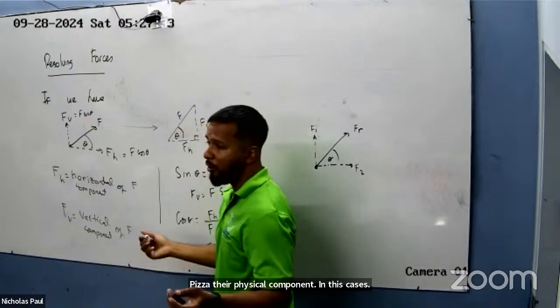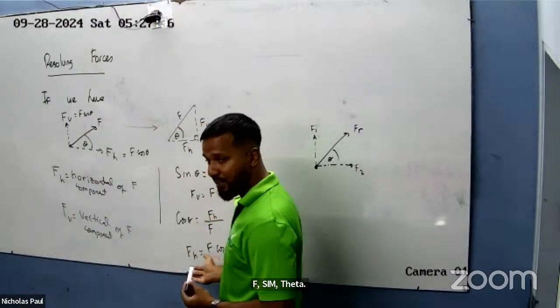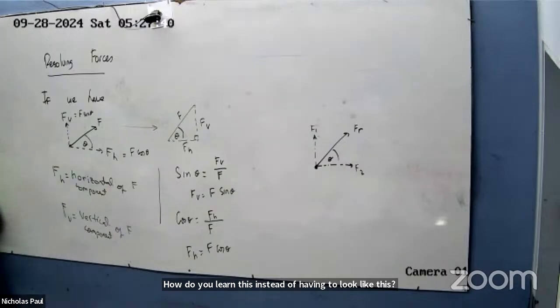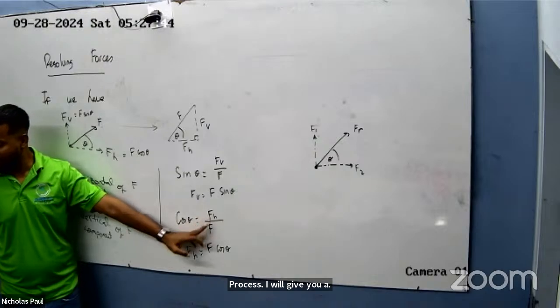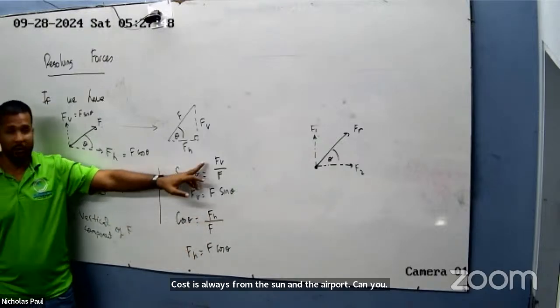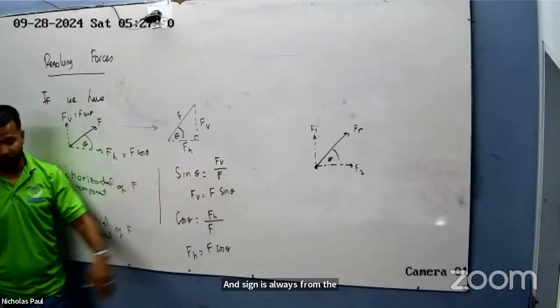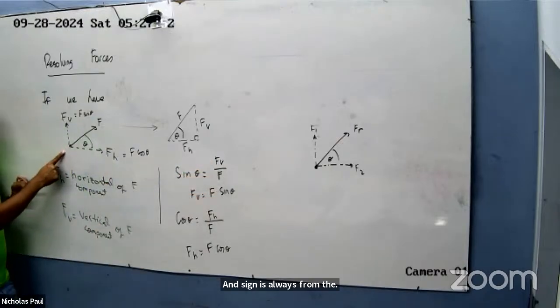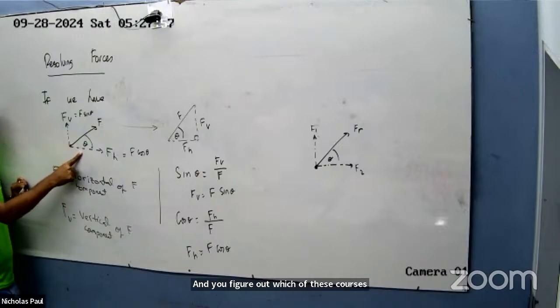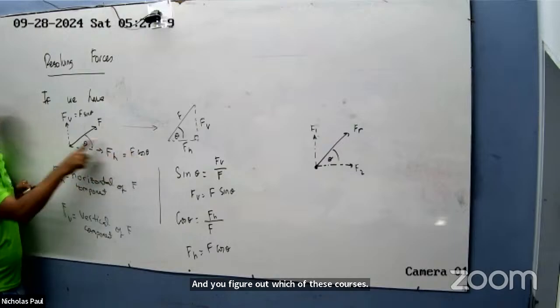How do you learn this? Instead of having to learn it like this, here's what you can do. Real simple: cos always comes from the adjacent and the hypotenuse, and sine always comes from the opposite and the hypotenuse. So if you look at the diagram and figure out which of these forces is adjacent, you know which one is cos.